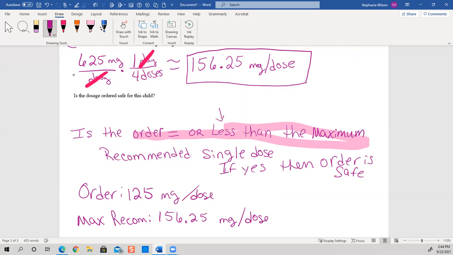However, it is less than the recommended. So yes, this order is safe. If it was greater than the recommended maximum amount, then we would say no, the order is not safe because it exceeded the maximum recommended amount. In this case, yay. Yes, the order is safe because it fell within our maximum recommendation.